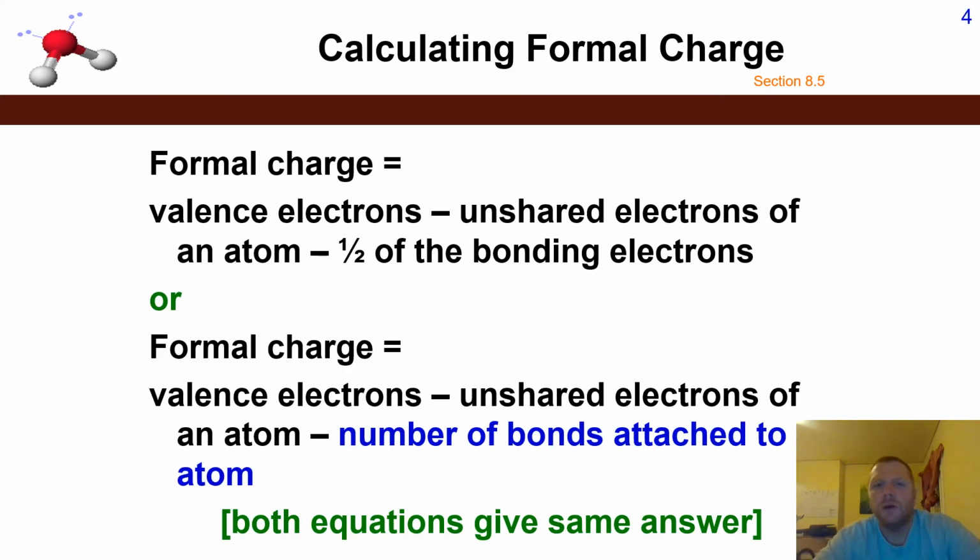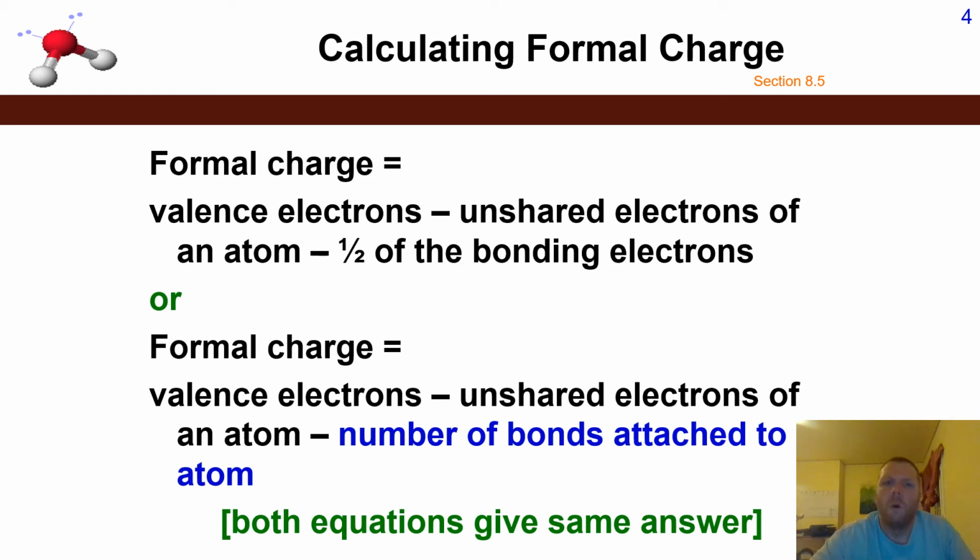Now, how do you actually calculate the formal charge? Well, two different ways. One of which is your formal charge is equal to your valence electron number minus the unshared electrons of an atom minus half of the bonding electrons.